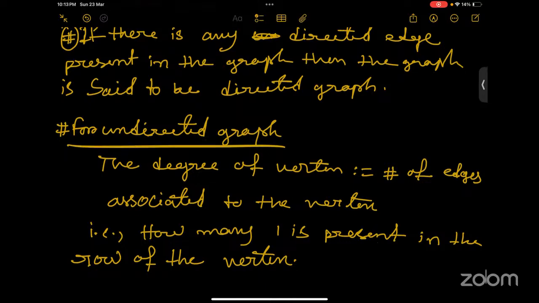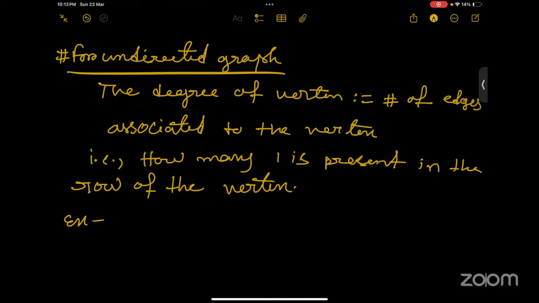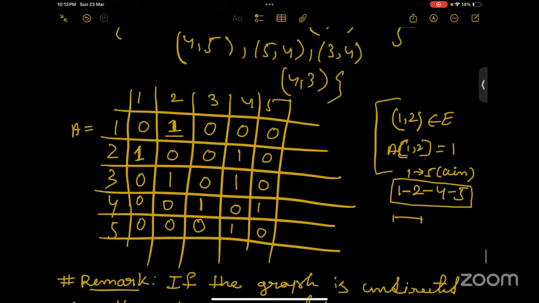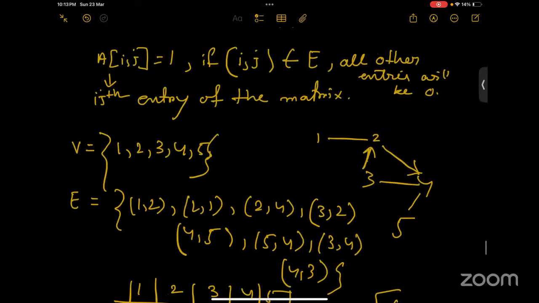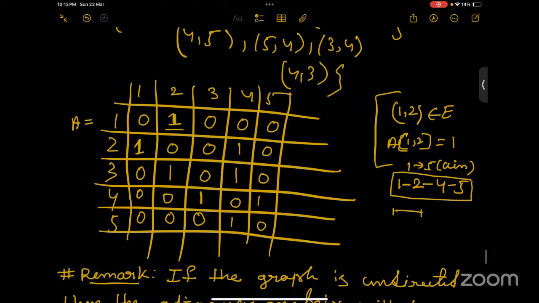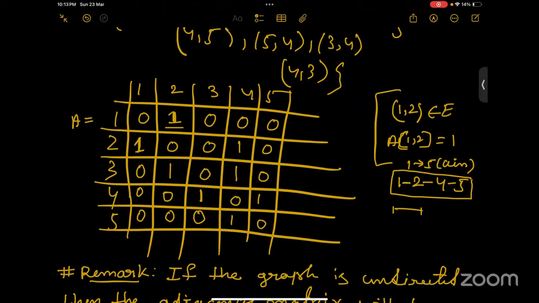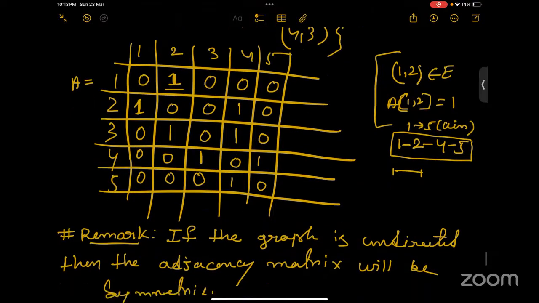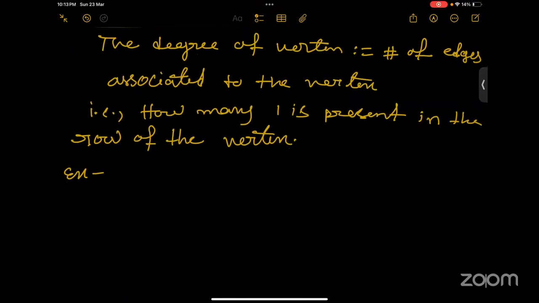So for example, in this adjacency matrix, if I consider this graph, what is the degree of 3 here? 2, ma'am. Two ones are there, right? In the row of 3. So the number of ones present in the row of that vertex.